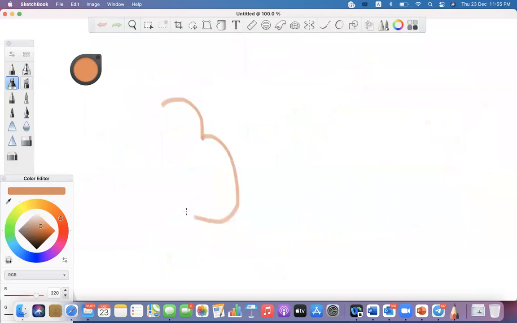This is the heart. This is the right ventricle. And this is the left ventricle.